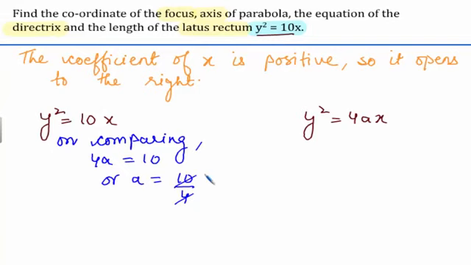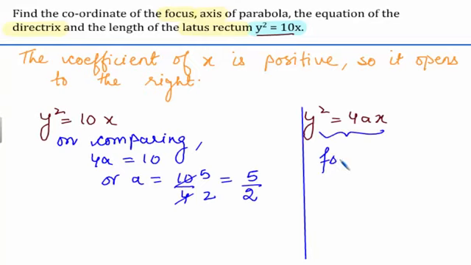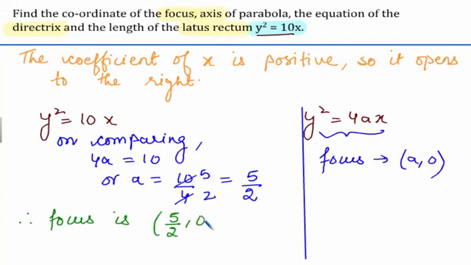Now, we know that for this parabola, the focus is given by a, 0. Therefore, here the given parabola has the focus 5/2, 0. Now, the axis of the parabola for y square is equal to 4ax is y is equal to 0.